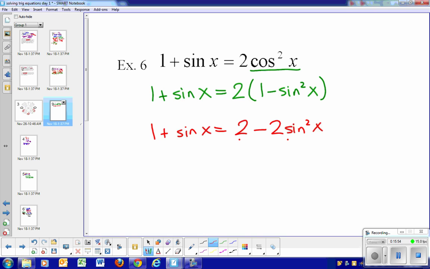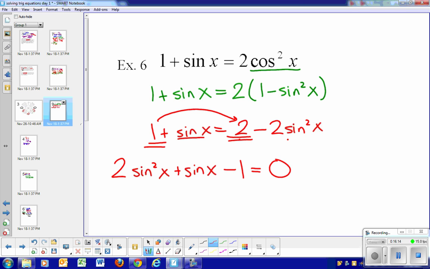And then let's move these 2 terms that are on the right to the left side of the equation by adding them or subtracting them depending. So add 2 sine squared to both sides. And then keep this sign, and then a 1 on this side and a 2 on that side. It would be 1, take away the 2. Okay, so if you just move all the terms to the left side and clean up, you should get this equation. This is a factoring problem.